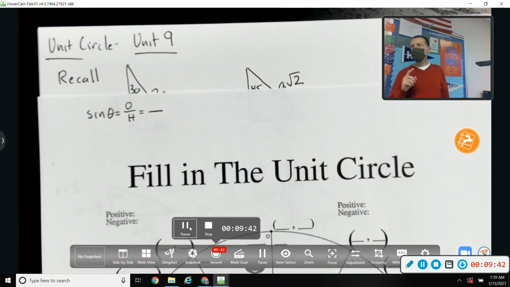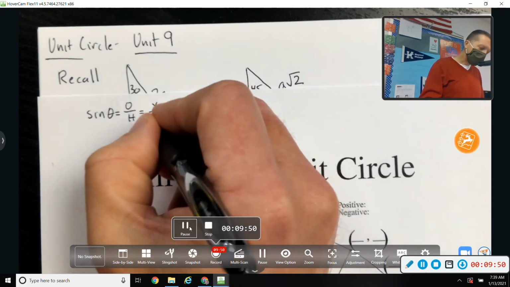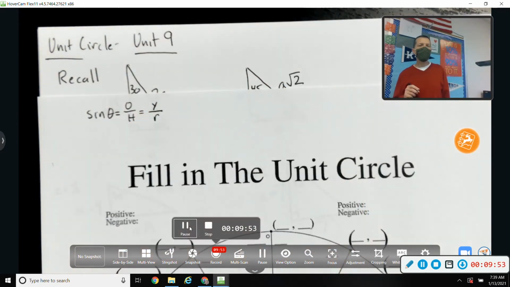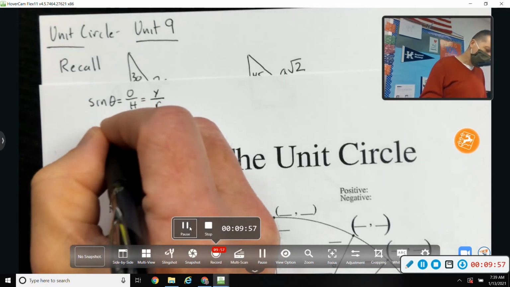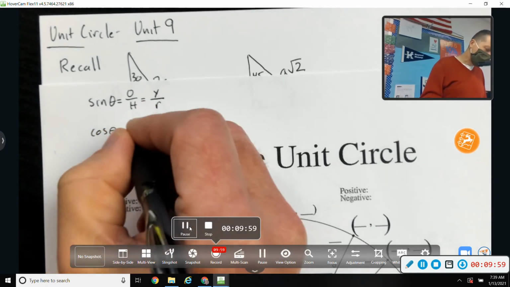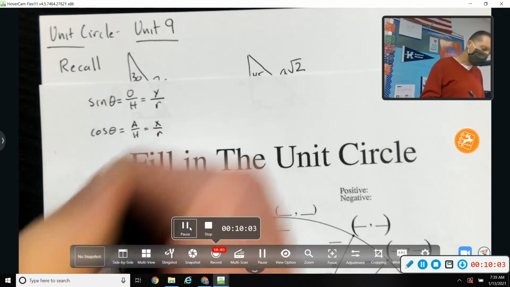Who went with opposite? X or y? Y. Good. I hope you know this. You got tested on it yesterday. And r was the hypotenuse. And cosine was adjacent over hypotenuse, and that's x over r.